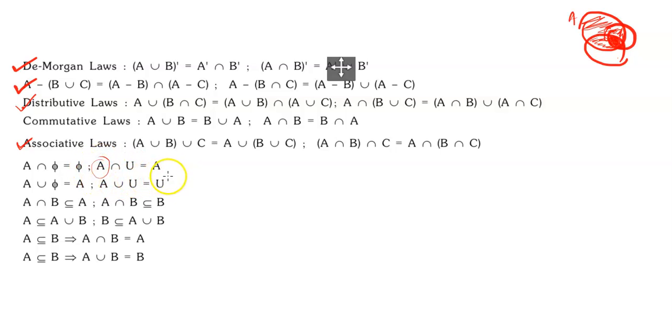Similarly, if you say A union phi, then it's basically everything which belongs to A as well as phi, which is basically A. And if you say A union the universal set, X belongs to A and X belongs to U, and since A is a subset of U, therefore this is U.